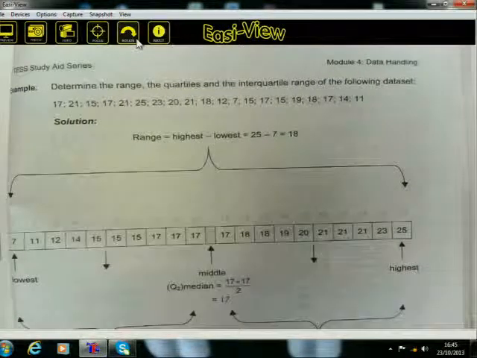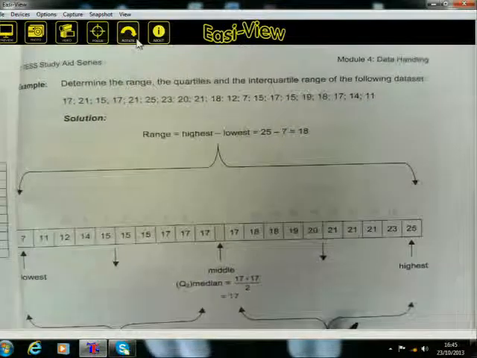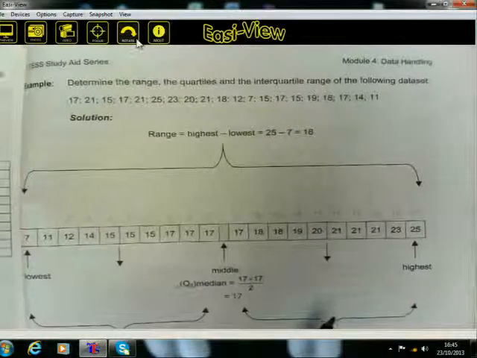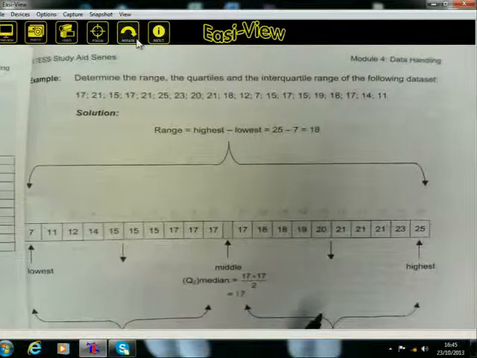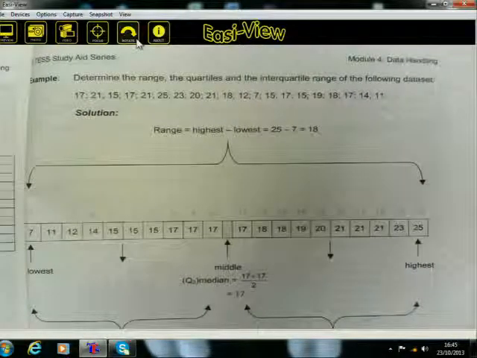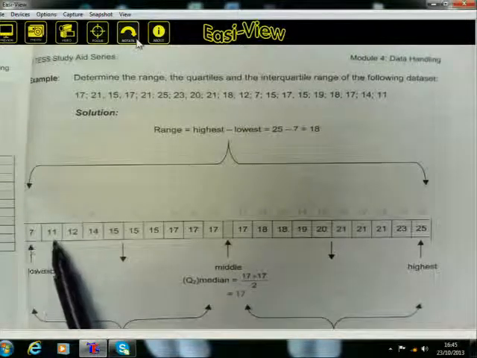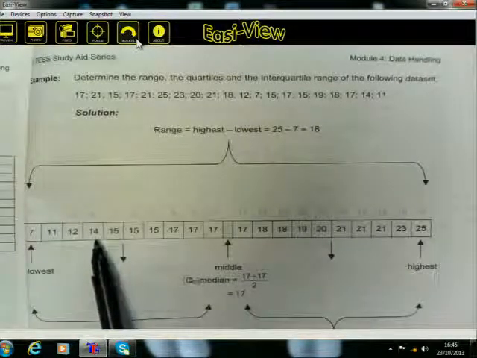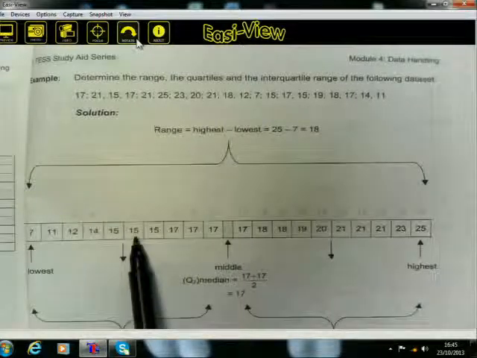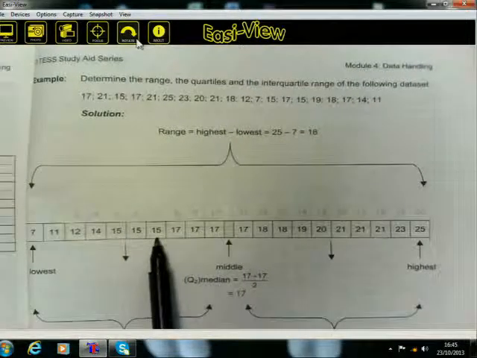Now, remember what is important again. Before we go to those quartiles, we have to rearrange them. That means we start from the smallest to the highest. Let's start. The first number is 7, and then 11, 12, 14, 15, 15, 15.